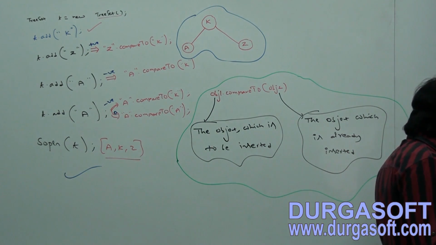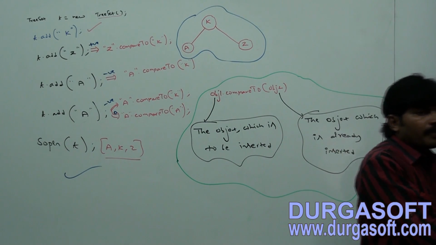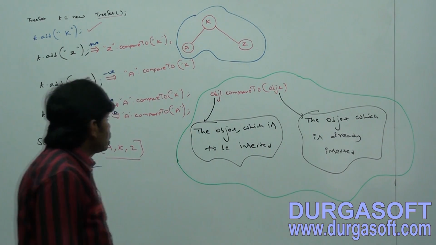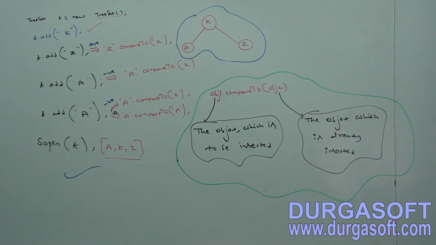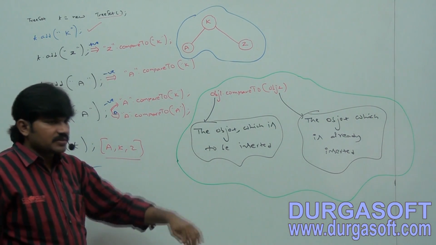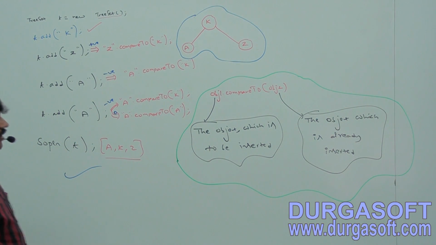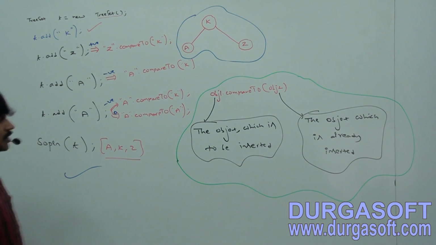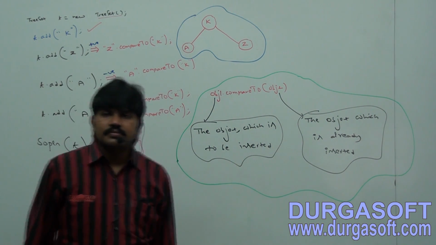Take clearly. Here the terminology is also very important: obj1.compareTo(obj2). obj1 means the object which is to be inserted, which we are trying to insert. obj2 means the object which is already inserted.